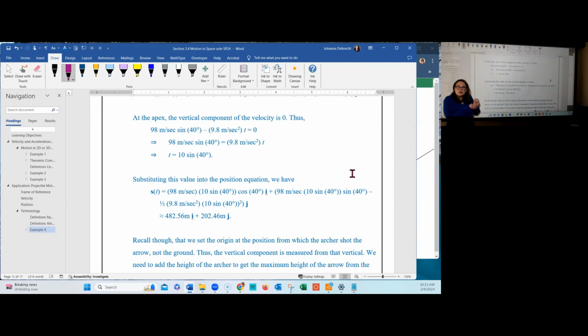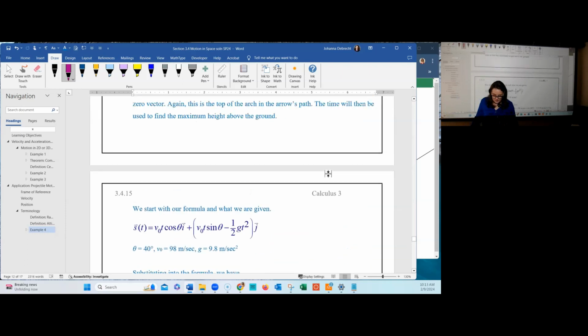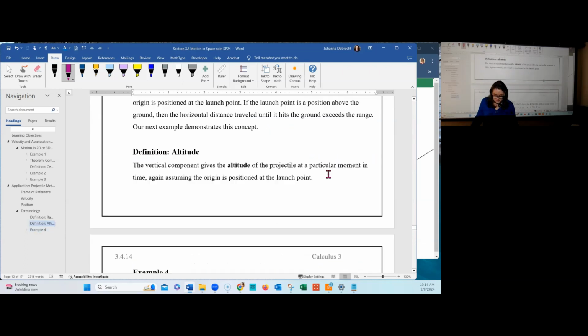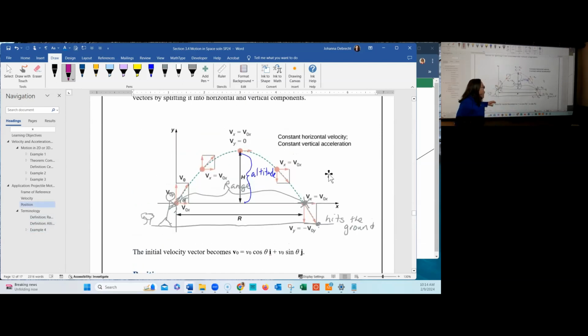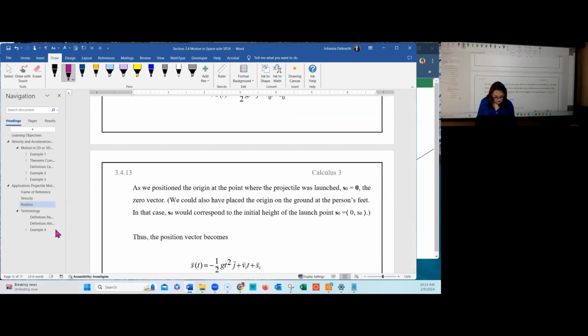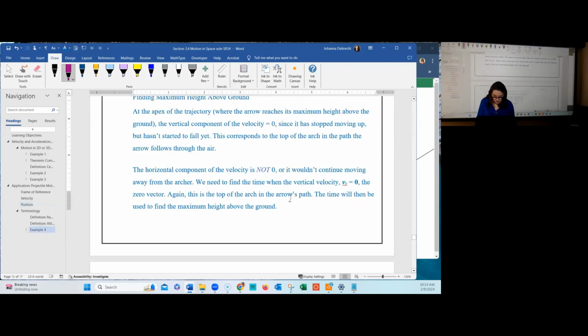But this is not the measure from the ground. Remember the way that I set mine up here in our picture, what I've found is the altitude measured from the horizontal where I placed the origin. The ground is 1.715 meters below that. So the height above the ground will be that altitude that I just found plus 1.715 meters. Right, so let me go ahead and get down to that part of it.